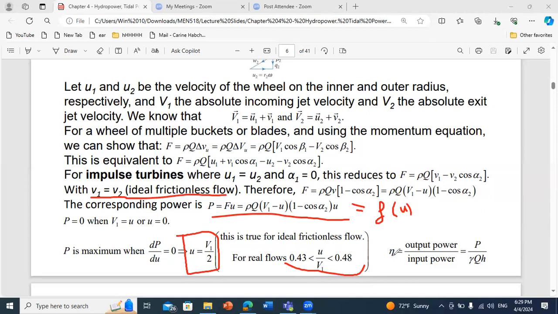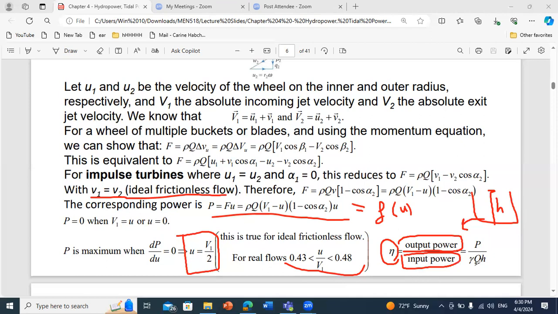And the efficiency of your turbine can be calculated as the output power that is extracted from the turbine over the input power. So as we mentioned, you have your dam, and from your dam you can extract water. And you can transform the total head, which was in potential energy, into rotational energy of your blades. So the maximum power which can be extracted is the input power.